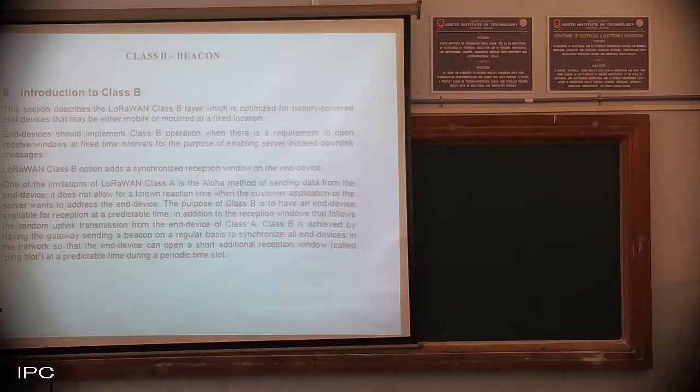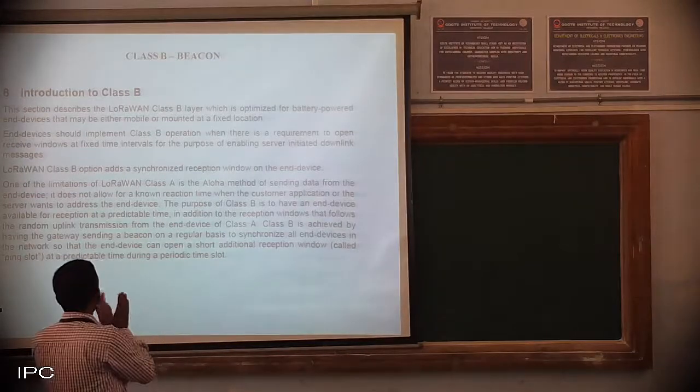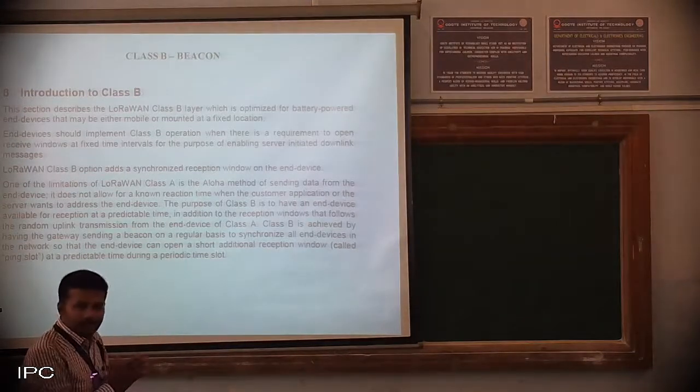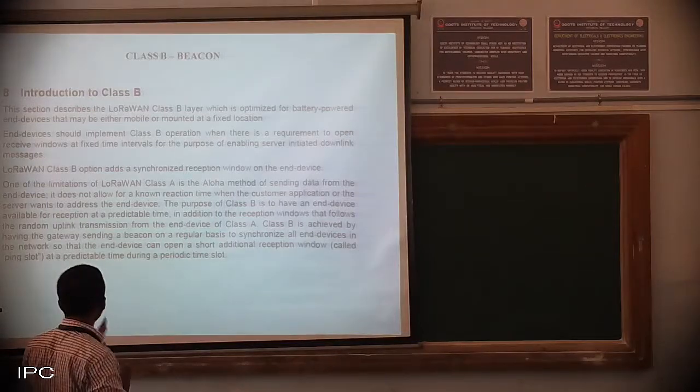End devices should implement class B operation when there is a requirement to open receive windows at fixed time intervals. Meaning if we want the data at fixed time intervals, only then we should implement class B, otherwise we should go for class A. That is the meaning of this phrase.